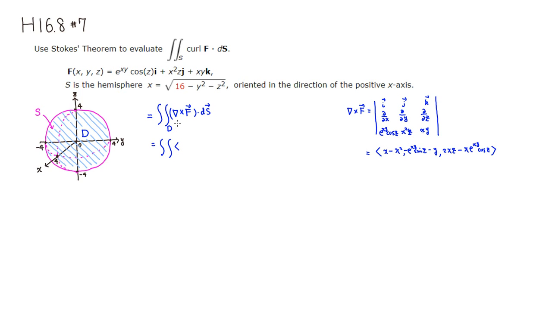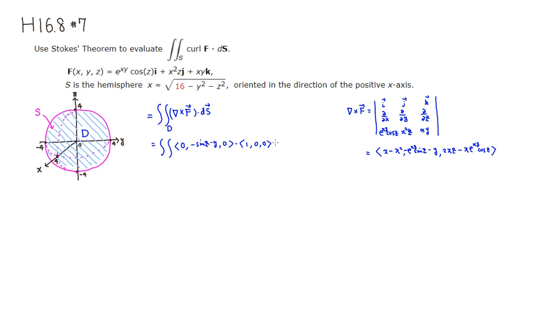So x is 0, so 0 minus 0 is 0. Since x is 0, e to the 0 is 1, so it's going to be negative sine z minus y. And x is 0 here, 0 here, so this is 0 too. Then the normal vector is just the i vector, which is 1, 0, 0.